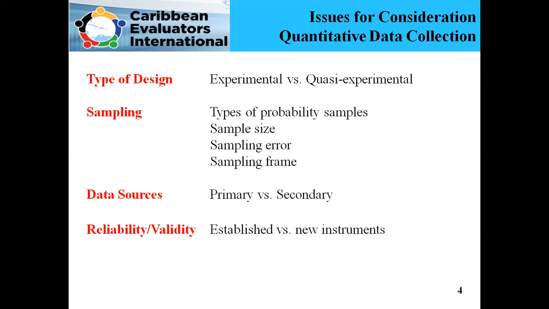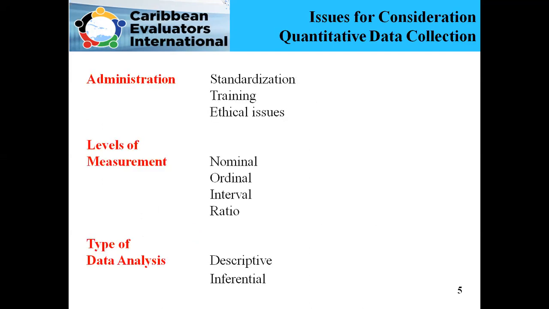So these considerations would include those pertaining to whether an experimental or a quasi-experimental design will be used, the sampling procedures and issues, data sources, reliability and validity, issues pertaining to the administration of the instrument, the levels of measurement that are appropriate for your data collection, and the types of data analysis, among others.